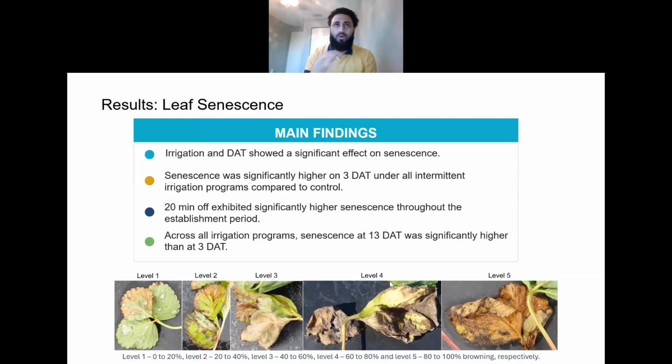So we see when we turn off the sprinkler irrigation for some time, that imposes heat stress, which we will see in a later slide. So what that does is you see the senescence already starting on the third day here. So it was already higher for the intermittent irrigation compared to the control. So control was still green, but the leaves in the other irrigation programs were already senescing.